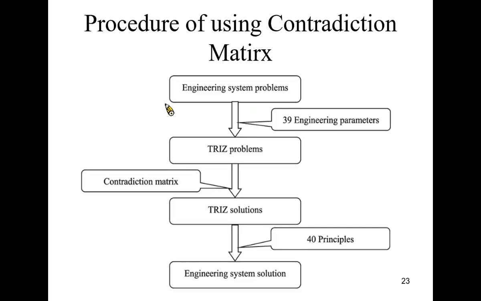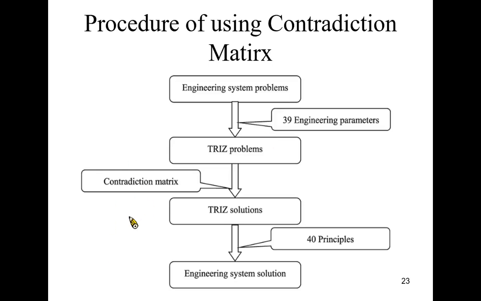Usually we have a problem and we identify the two parameters, one getting worse and one getting better. We identify the two parameters among the 39 engineering parameters.